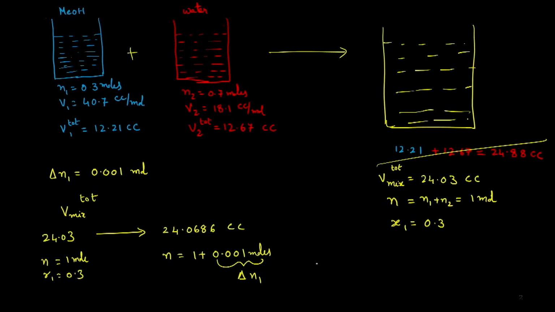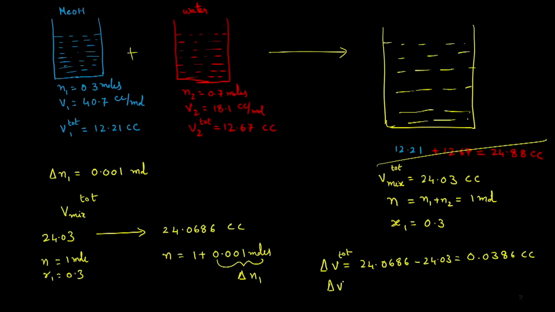So if you look at it, delta V total in this scenario is 24.0686 minus 24.03, which is 0.0386 cc's, right? And I have added 0.001 moles.